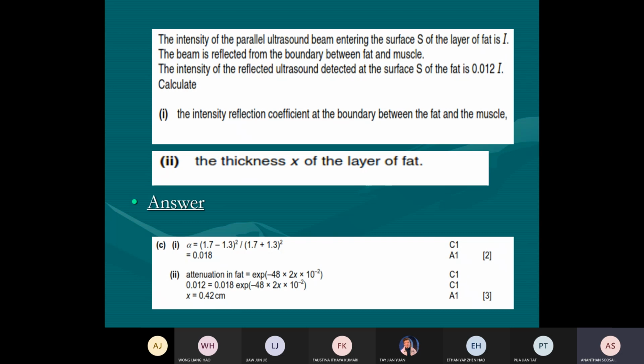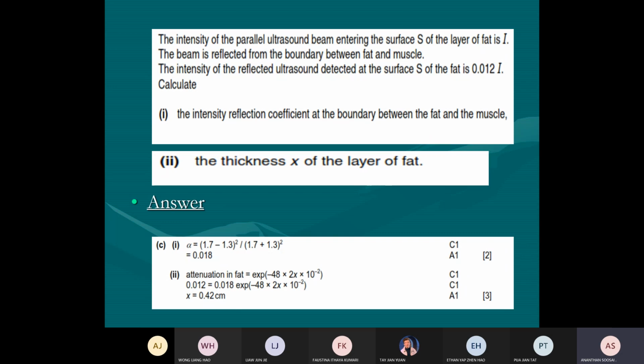Okay, so original attenuation is after 2 times absorption and 1 reflection. 0.012, original is 0.018. 0.018 is your alpha. 0.012 is I over I naught, the fraction of the final intensity to the incident intensity.